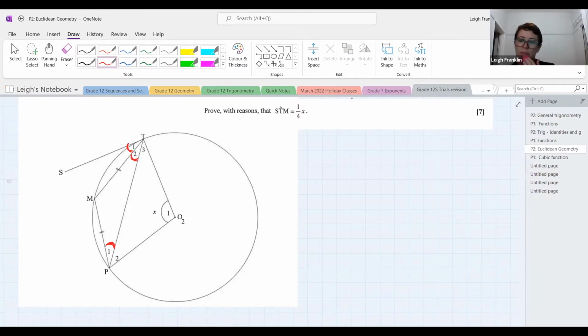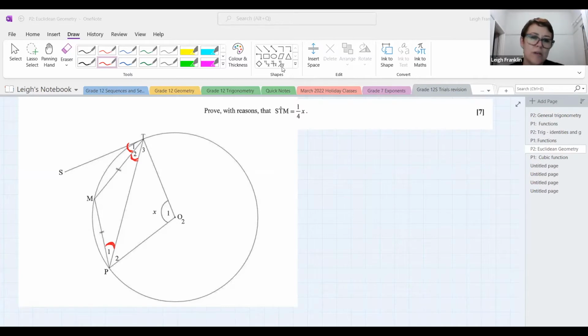What's the reason? Good. Yes, angles opposite equal sides. Lovely. Good job. Very nice.